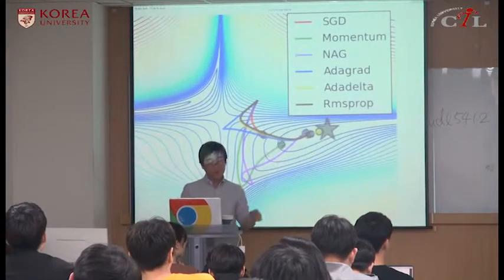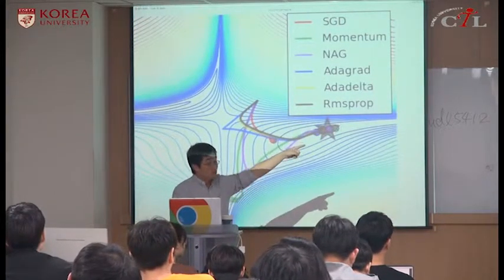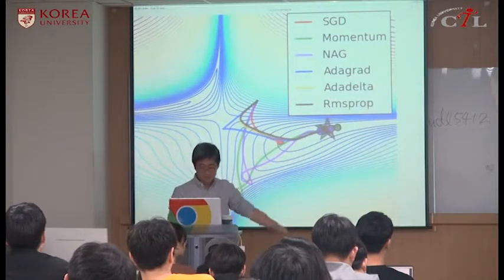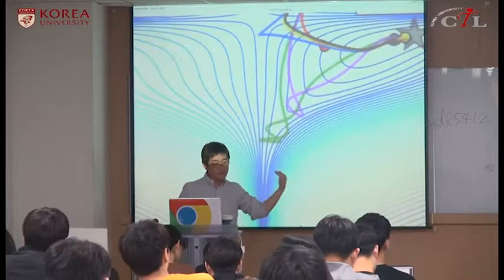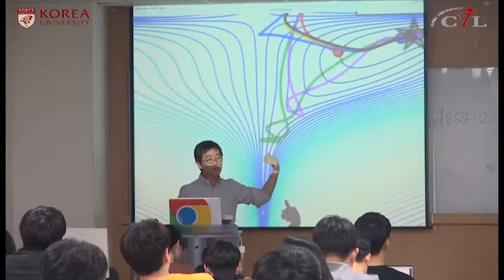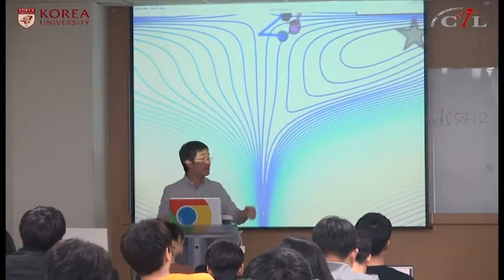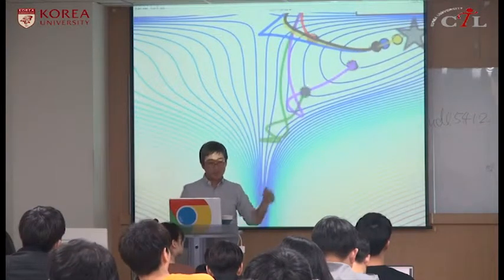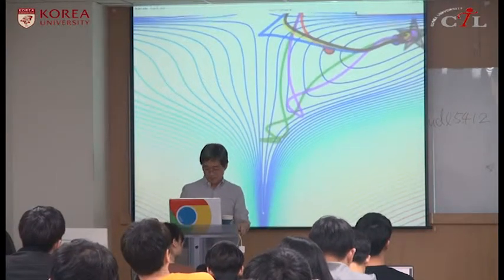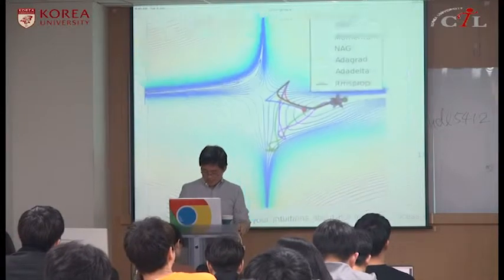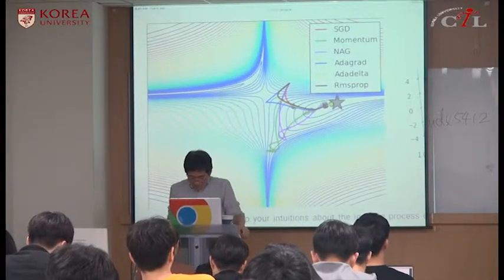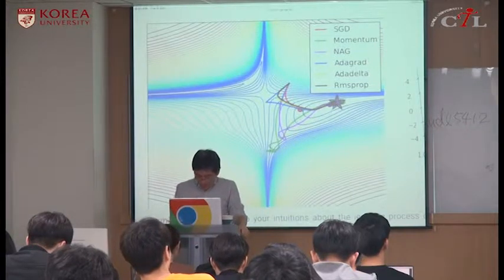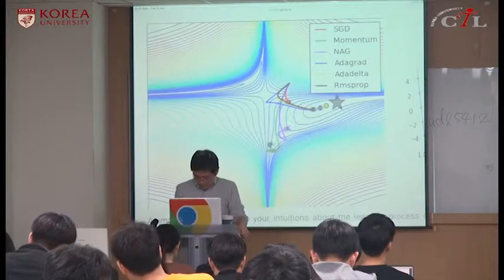Right? In the case of momentum, it will overshoot a lot. Around this region, even though it is uphill, because of the accumulated gradient it will still go up. Right? But eventually, it will go down to this local minimum. Okay, and overall, among these, RMSprop and Adadelta seem to work well.